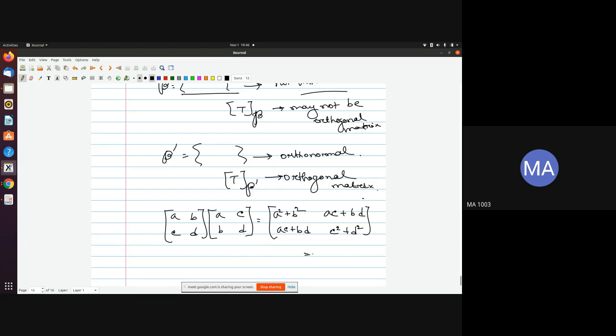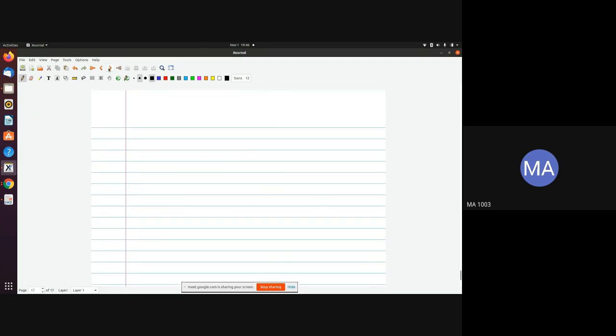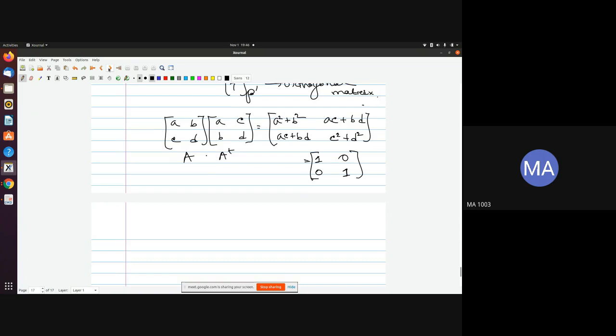This is the identity matrix if A is orthogonal. If A is an orthogonal matrix, then this is 1, this is 0, this is 0, this is 1. So I get a square plus b square as 1, ac plus bd as 0, and c square plus d square also 1.